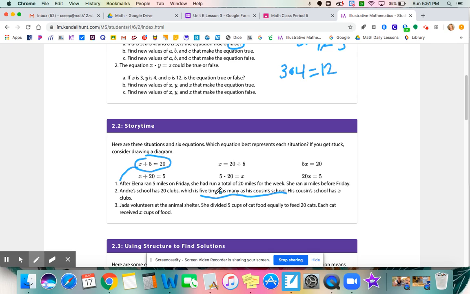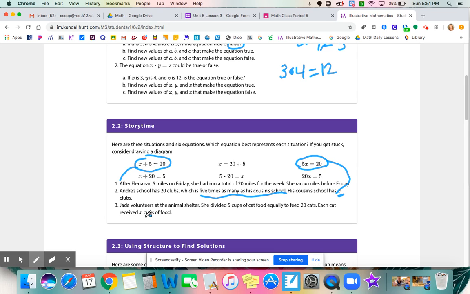So that means I'm multiplying 5 times something. So that wasn't the right answer for this one because it wouldn't have gotten to 20. But 5 times as many as his cousin's school. So I need to take my 5 times however many, which is X, his cousin's school has, and should get a total of 20. So this equation here models number 2.